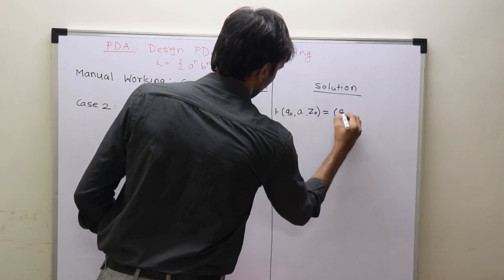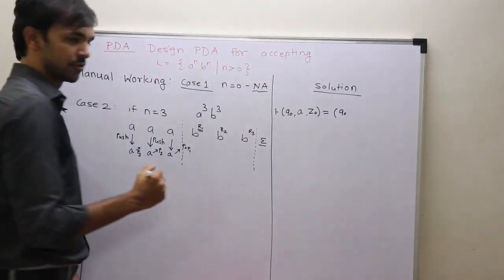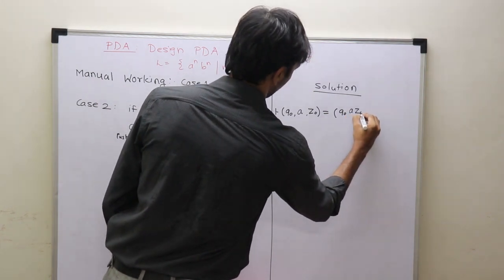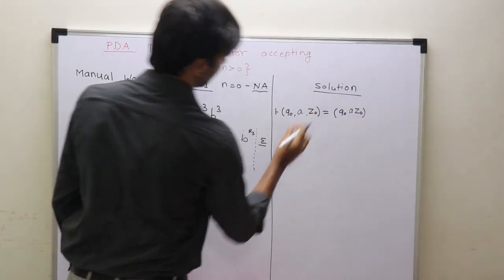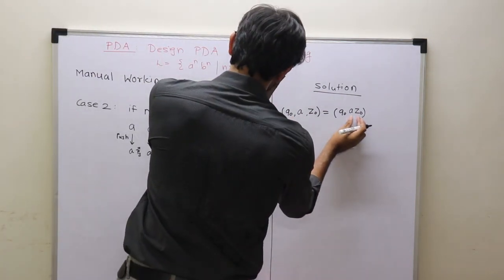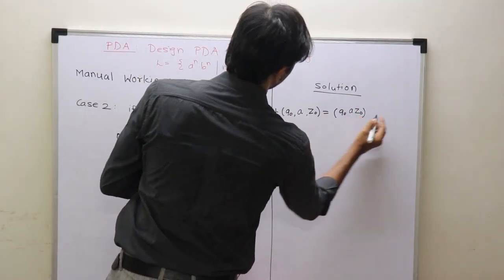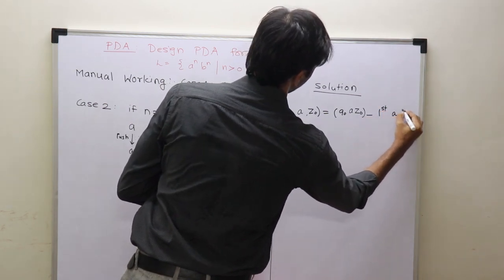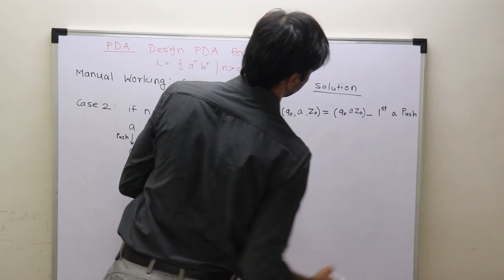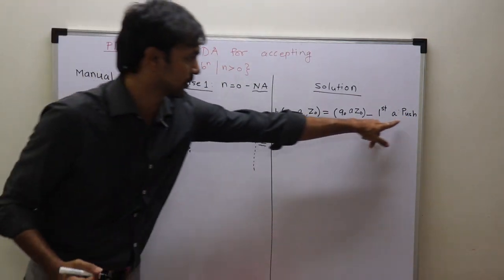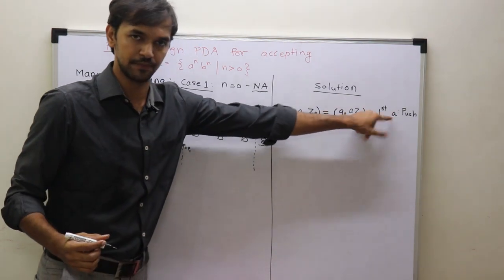So the stack is empty, the machine stays in the same state Q0, and AZ0 replaces Z0. You can understand AZ0 replaces Z0, giving the effect that A is added to the stack. So the first A is pushed into the stack. We have performed a push operation for the first A.